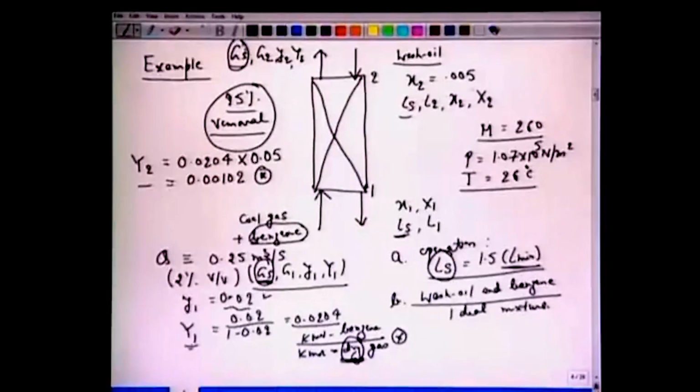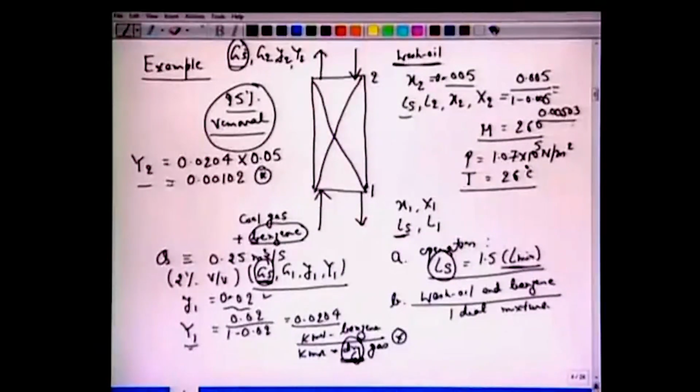Small x2 is given, 0.005 mole fraction. The wash oil is not pure, it contains a very small amount of benzene. We will talk about this in the next example, but let us find capital X2 here. Capital X2 would be 0.005 over 1 minus 0.005, solute-free basis, and this would be 0.00503.